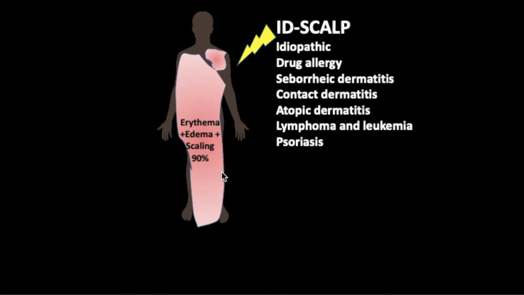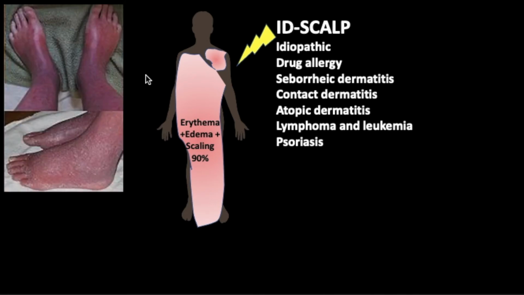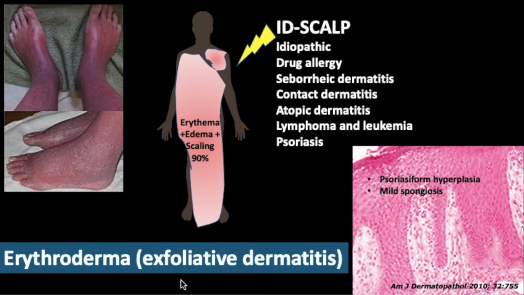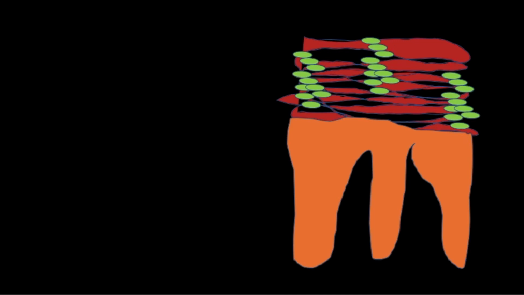Then the whole body basically is affected, more than 90% of the body surface, with the scaling, edema, and erythema. The clinical picture is erythematous lesions, and on histology actually it is not very specific. We only see psoriasiform hyperplasia with mild spongiosis. So the diagnosis is erythroderma or exfoliative dermatitis.